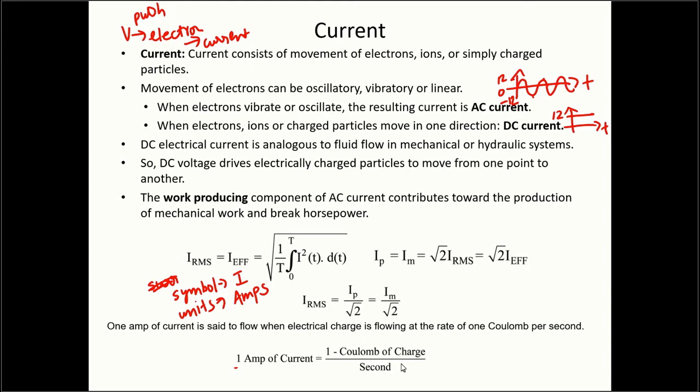So 1 coulomb of charge per second is 1 ampere. In the mechanical domain, current is the rate of change of fluid, and the rate of change of charges is current in electrical terms. So hopefully that gives you a good understanding of the difference between voltage and current. Voltage is equivalent to pressure, current is equivalent to a flow of fluid.